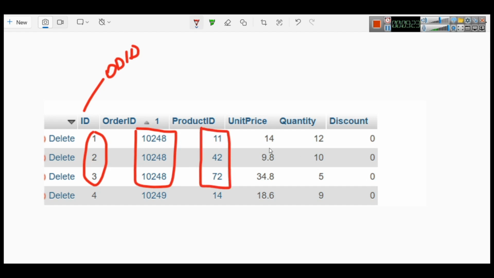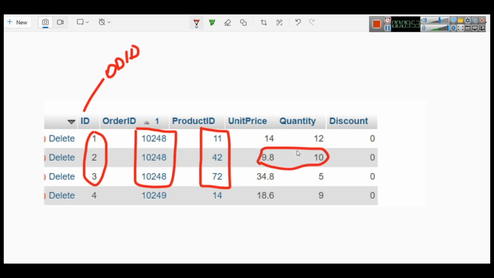Product ID 11 was ordered at a unit price of 14, a quantity of 12. So what will be the actual price here? The actual price will be unit price multiplied by quantity, so that we can calculate. Here it will be 168.